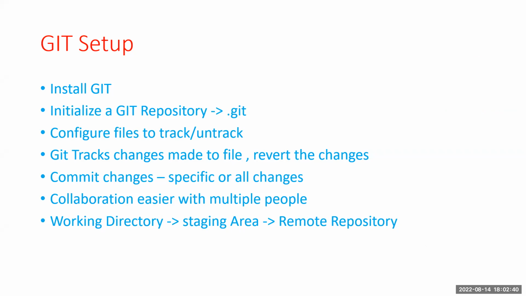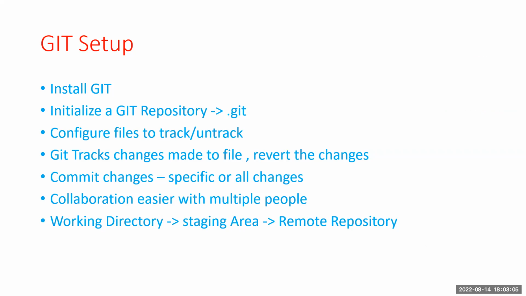Then how do you distinguish between a normal directory and a Git repository? For that, you have to run a command which is git init. What it does is tell you that the folder on which you are working is now a part of a Git repository.